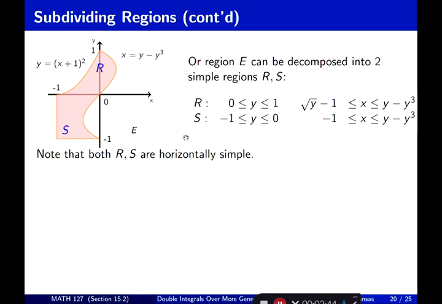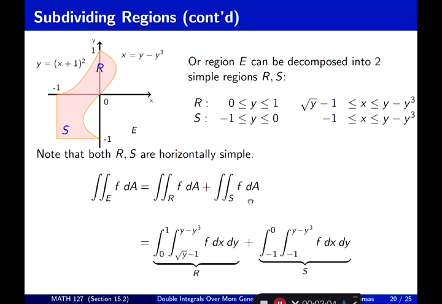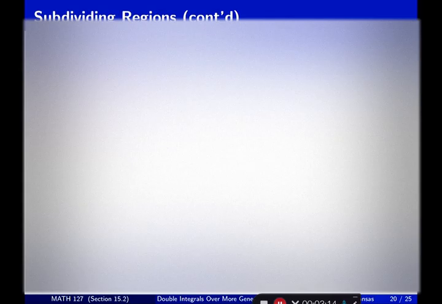And then for the part under the x-axis, x is between -1 and y minus y to the third, and y is between -1 and 0. Note that both R and S are horizontally simple. So now you set this up according to that, and then you solve if you have a function in there.